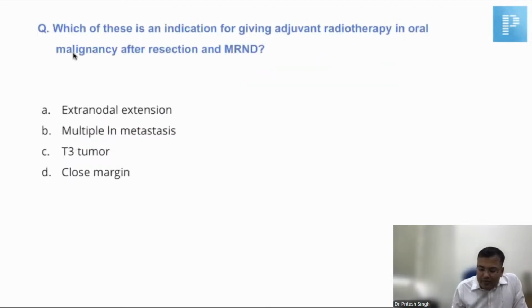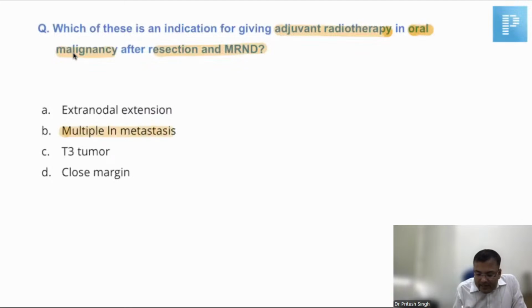Next, which of these is an indication for giving adjuvant radiotherapy? Adjuvant radiotherapy in oral malignancy after resection and MRND. So guys, the indications for radiotherapy are a large tumor, high grade, involvement of bone, involvement of nerve, involvement of cervical lymph node, or a positive margin. Clear? So T3 tumor, it's not an indication. Close margin, not an indication.